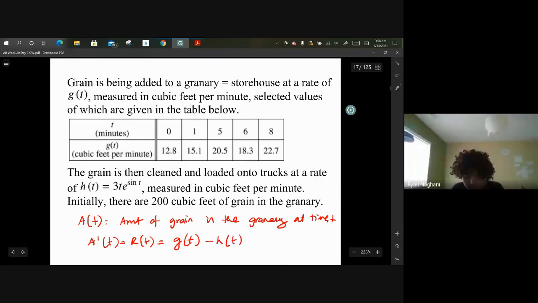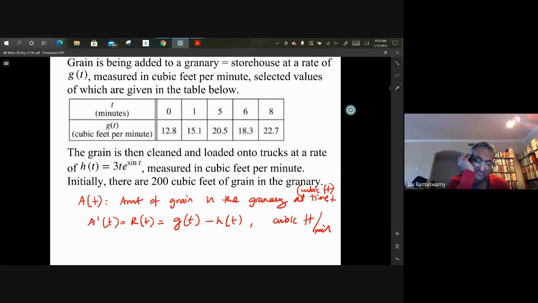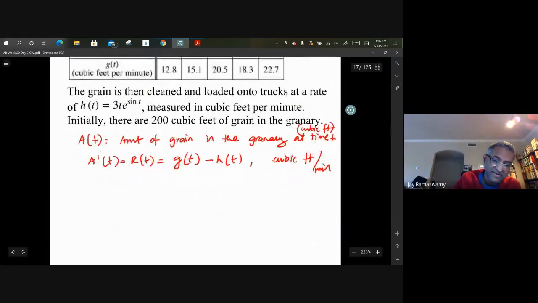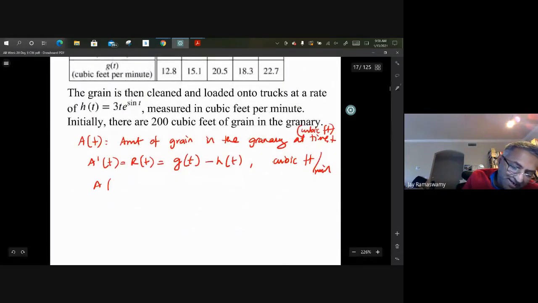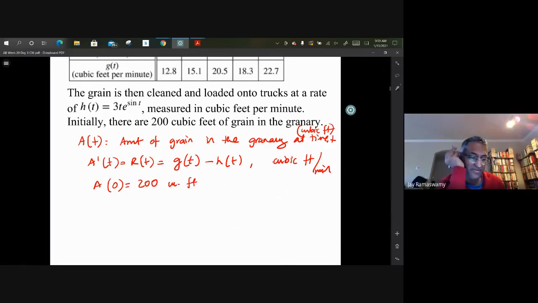Yes. Is everybody okay there? Okay. Measured in cubic feet per minute. A of T is measured in cubic feet. Is everybody okay so far? Yes. Okay. Oh, and then A of 0 is 200, yes? Of grain in the granary.